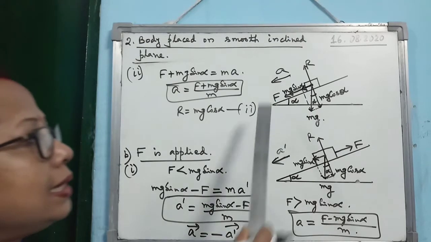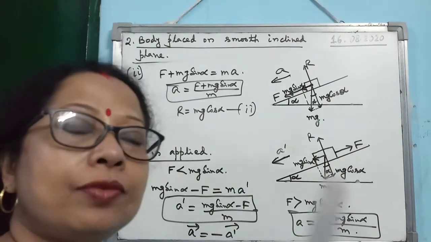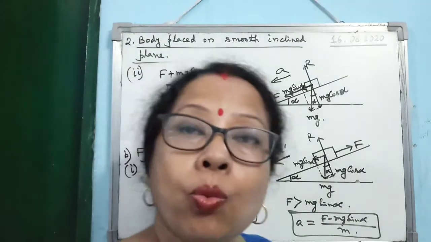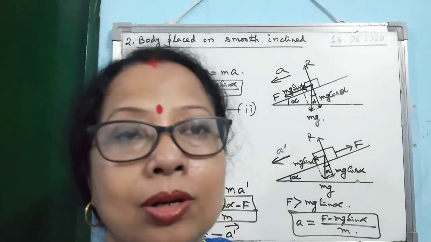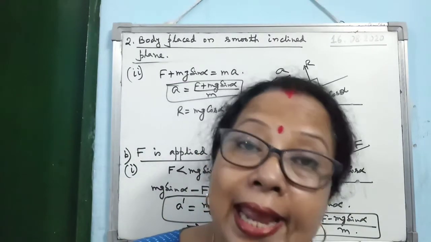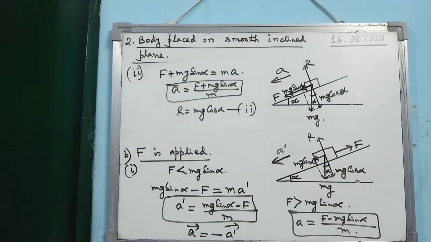So this is what you have to understand: in a specific direction, what are the forces acting, and then you have to find the net force acting along the direction of motion of the body. That's why there is no need to mug up all the formulae.